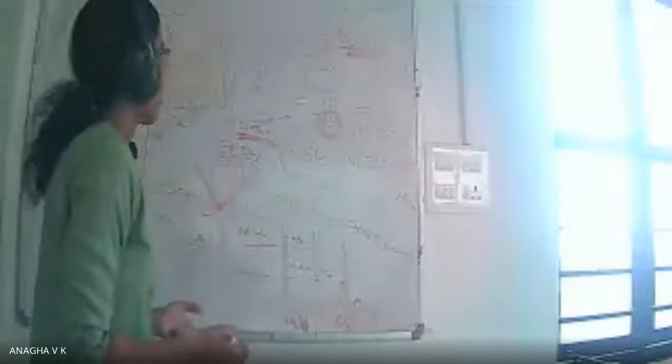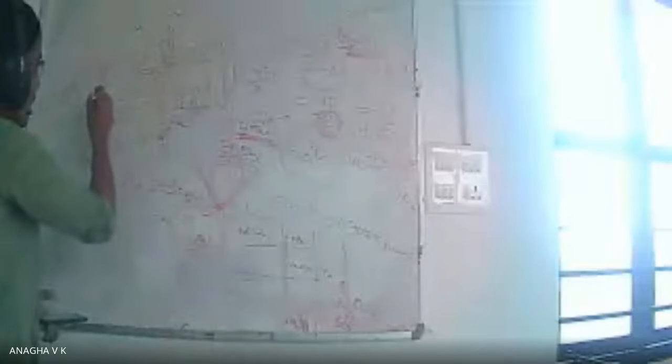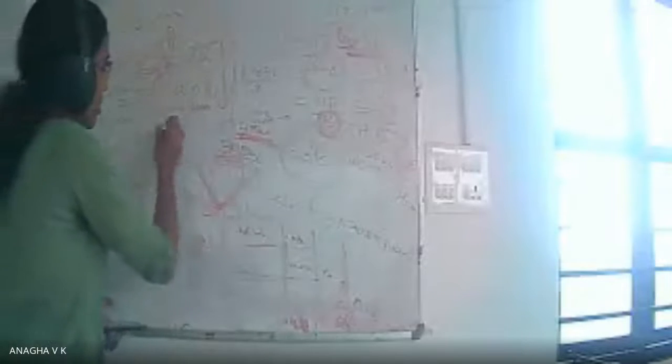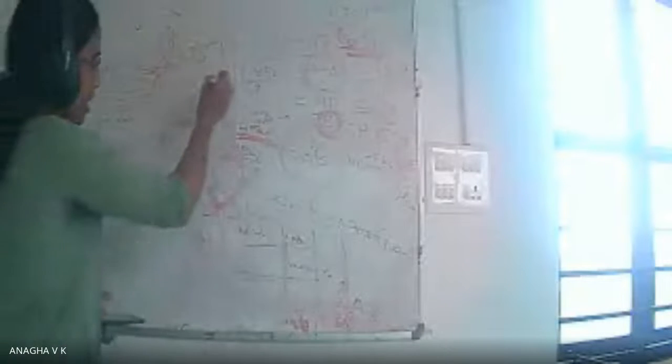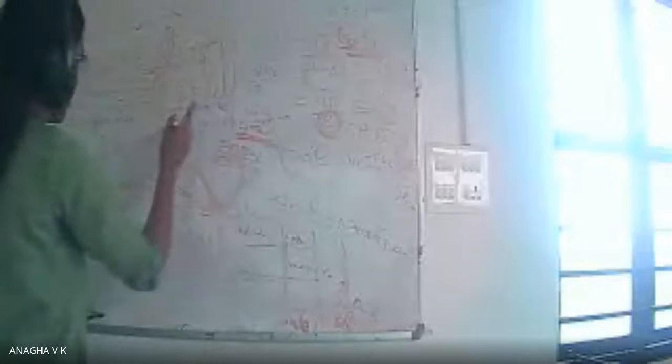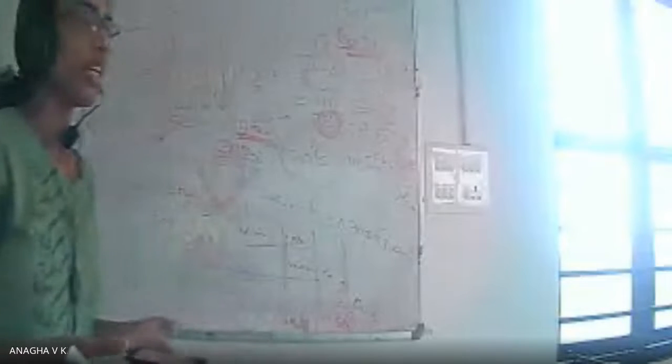So what else can we say? The directivity is inversely proportional to the beamwidth. So when the beamwidth is narrower, the directivity increases. When directivity increases, gain also increases.